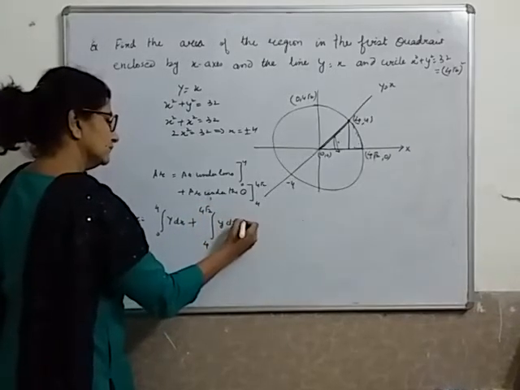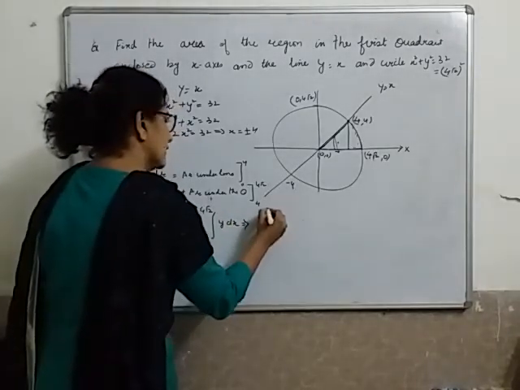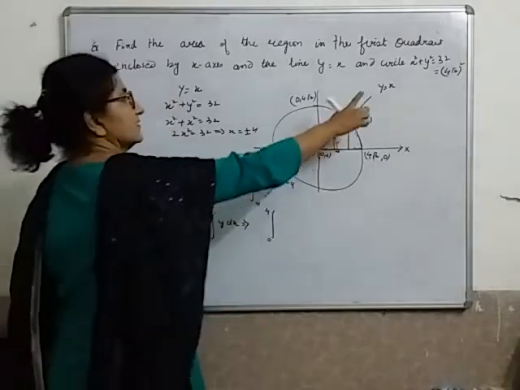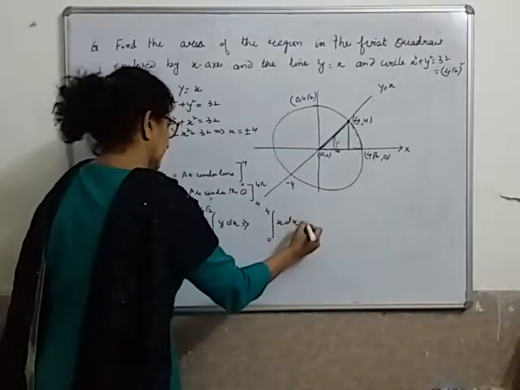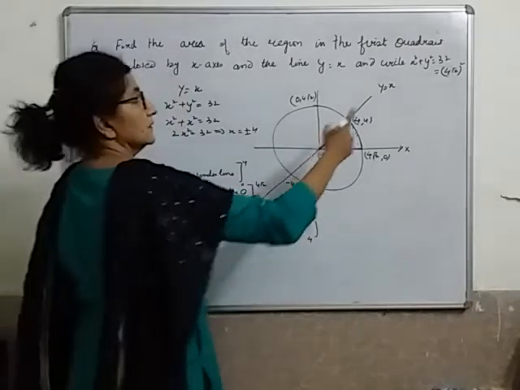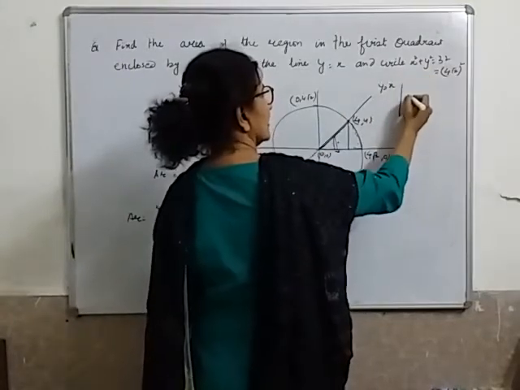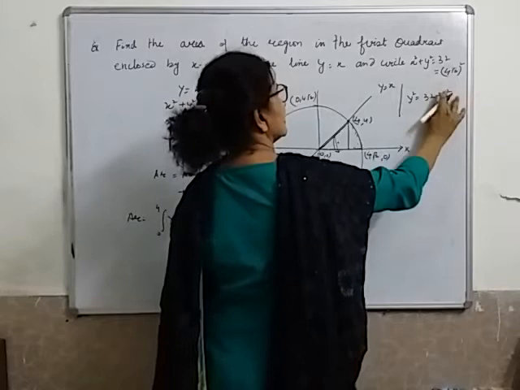Now put their values. y is equals to x for the line, so the value of y will be x dx, plus the circle. We can calculate y's value from here: y squared is equals to 32 minus x squared.